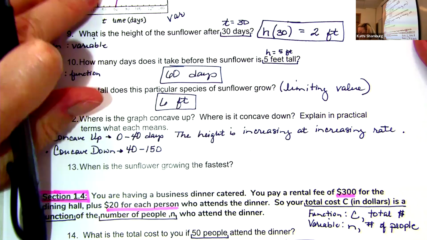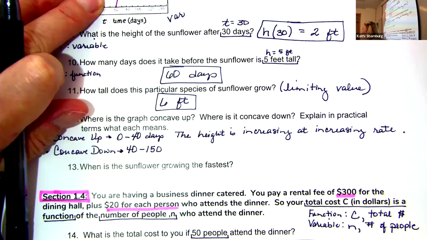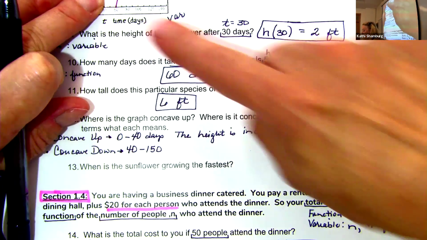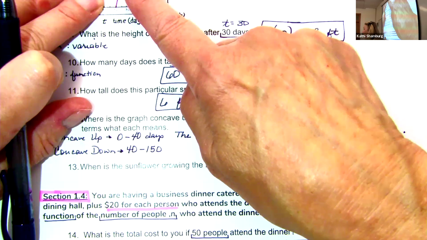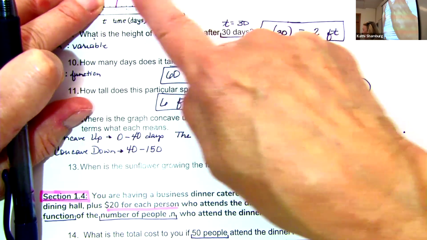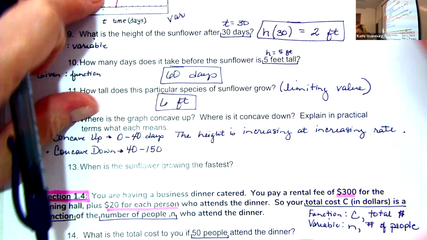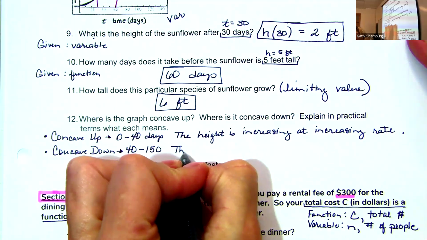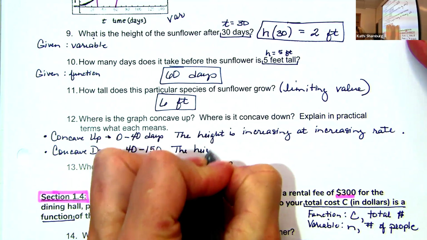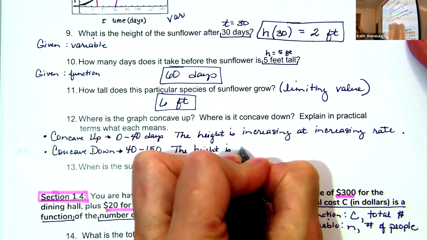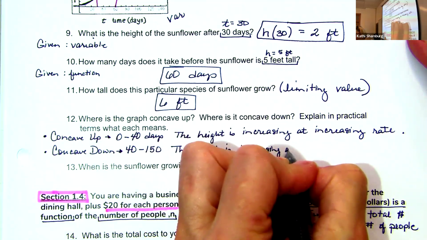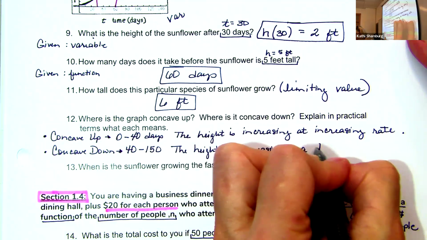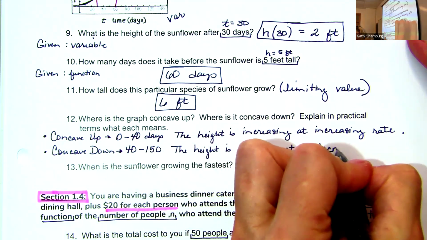All right, so this graph, the height is doing what? Increasing at a decreasing rate because it's leveling out. So this one, I would say the height is increasing at a decreasing rate.